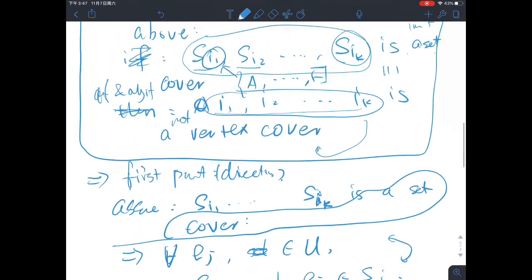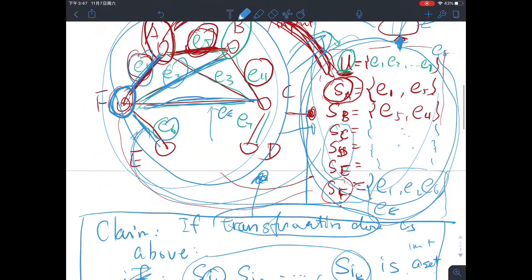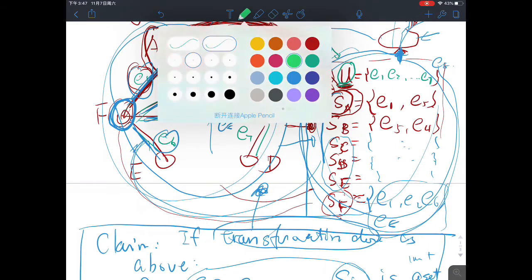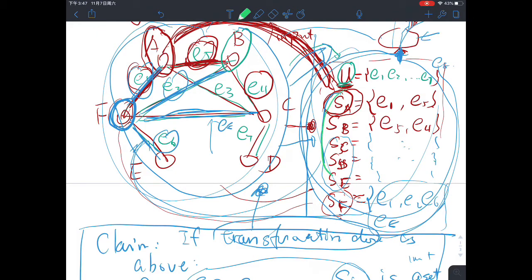So let me go back to use this example. If I somehow determine that all these subsets here form a set cover, that means that for whatever edge appears in the universe, I'm able to find the set here that's actually covering this element.